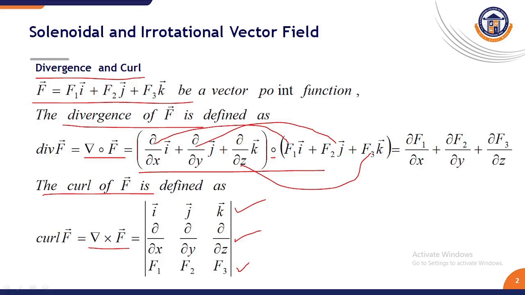Curl vector is a vector field function. It measures the infinitesimal rotation or circulation of the vector field around a point. So these are the very important definitions to define the solenoidal and irrotational vector field.